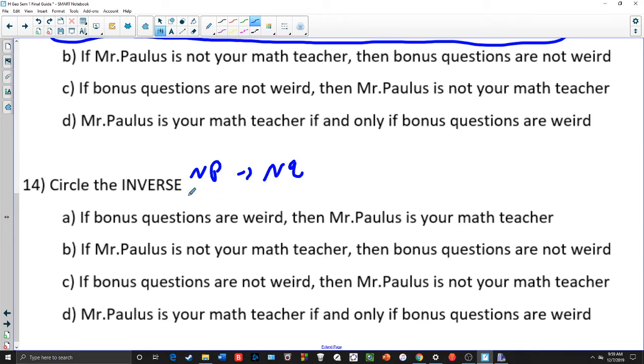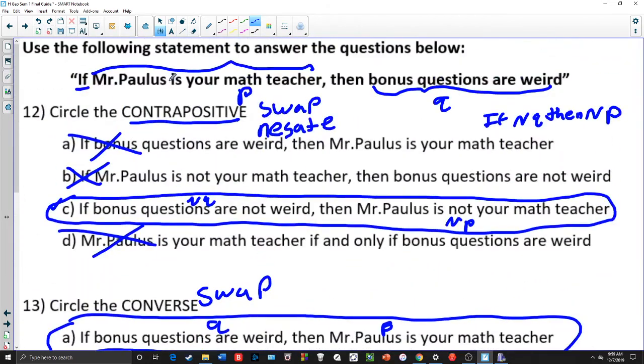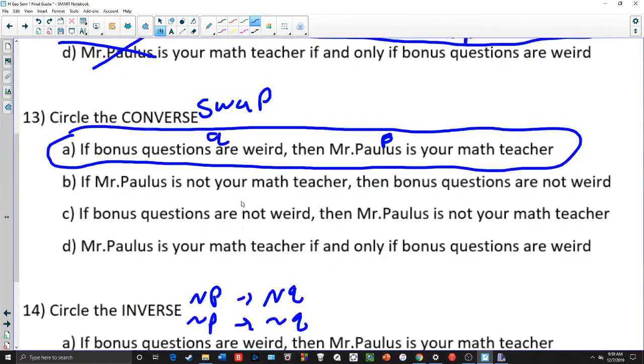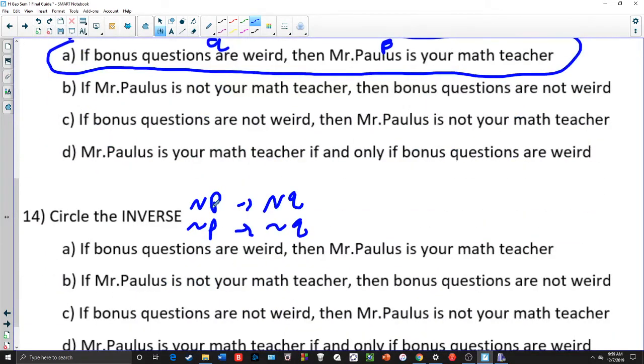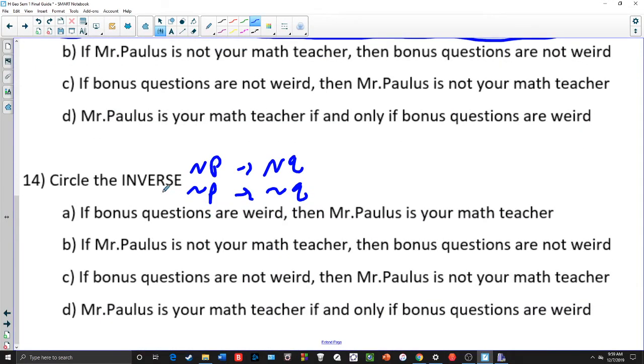The mathematical notation would be a squiggly P and squiggly Q. This squiggly means the not, but I'll use N just to make it a little bit more clear. So not P. Well, again, P is Mr. Pauls is your math teacher, so not P would be Mr. Pauls is not your math teacher. I'm going to look for which one starts with that. The only one that does is this one right here.